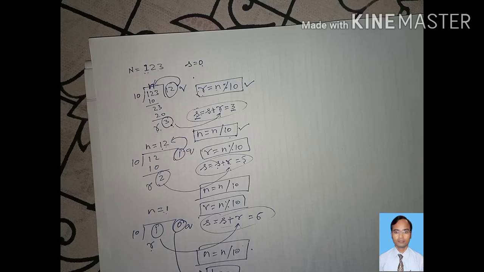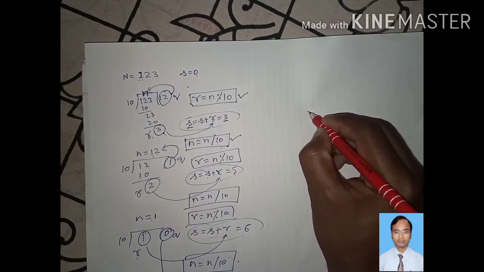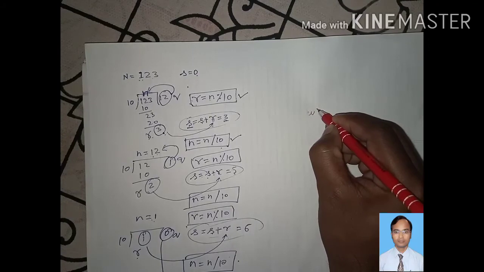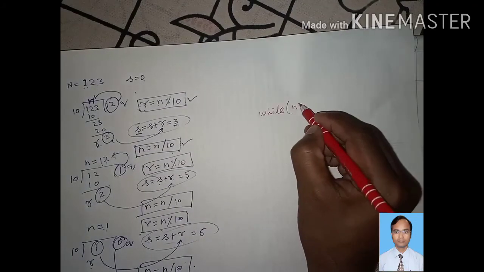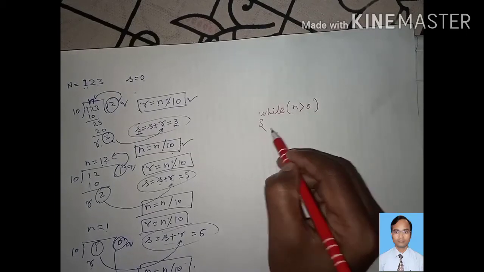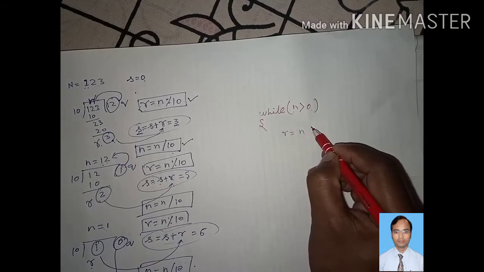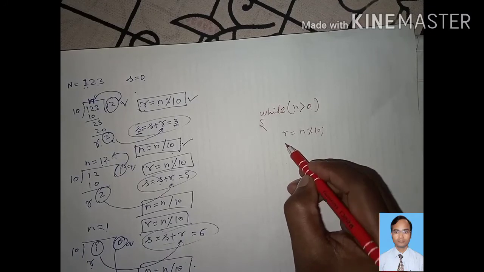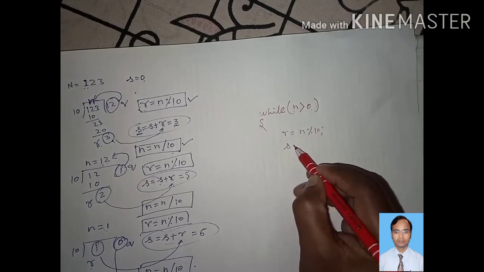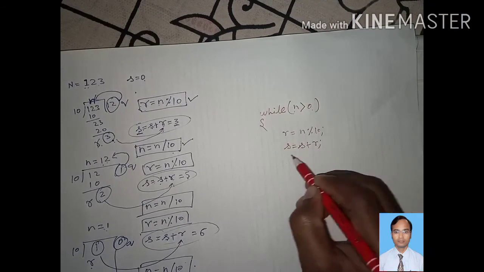And how can we use this logic using a loop, because we are all studying loops. We can use it like this: while n greater than 0, meaning my number greater than 0, then r is equal to n mod 10. This will separate my last digit, and after getting the last digit, we can apply our operation or calculation. s is equal to s plus r.